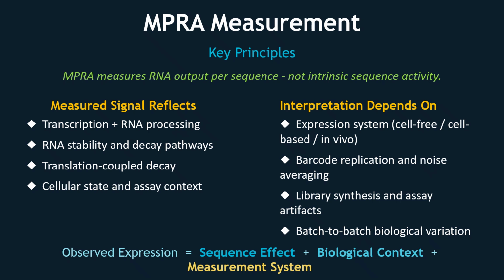Cell-free, cell-based, and in vivo setups each capture different mechanisms. Barcode replication helps us average out stochastic variability, but technical biases from library synthesis, assay artifacts, and batch-to-batch biological differences still shape the data.